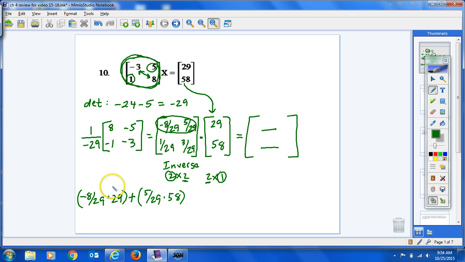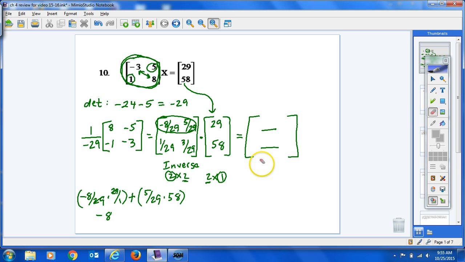Looks kind of ugly, but really it's not, because if you think of 29 as 29 over 1, I know some people struggle a little bit with fractions, but remember how you can cancel this way, and those two 29s, 29 goes into itself one time, so those become 1s, and so really the product of these first two multiplied together is just negative 8.